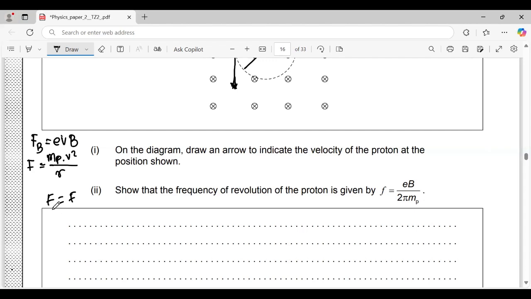It means we write e v B equals mp v squared over r.